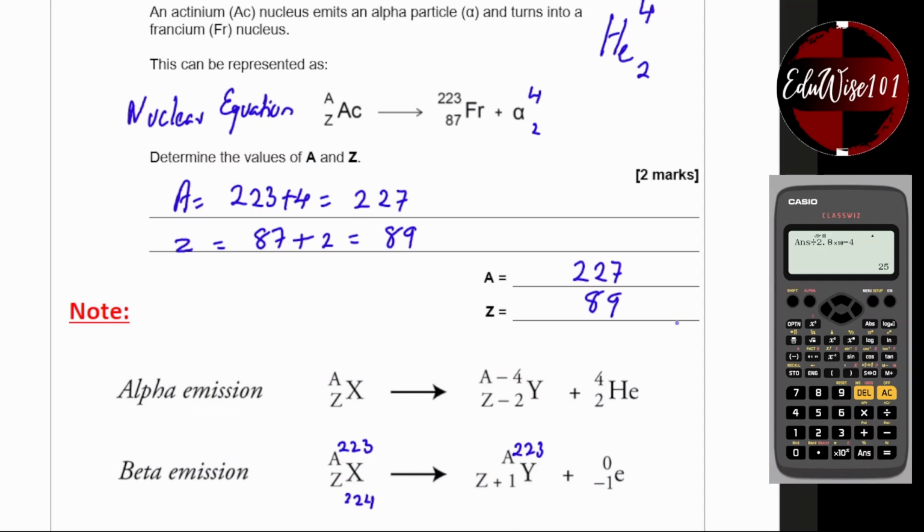No, sorry, that was a mistake. That should be 87. If that's 87, this should be 86. 87 minus 1 should be 86.